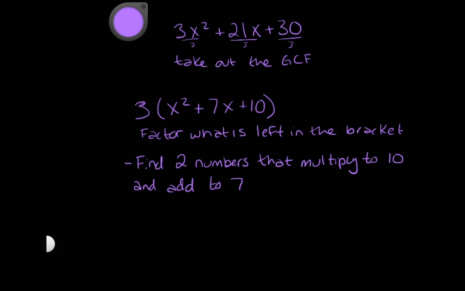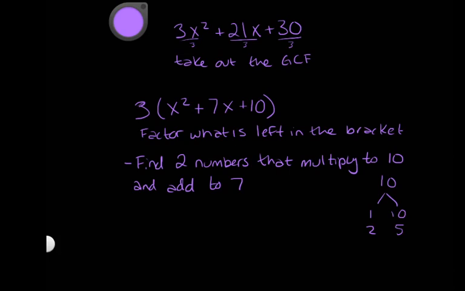So let's see, what numbers multiply to give us 10? So 1 times 10 is 10. 2 times 5 is 10. No other numbers will work, right? So if I multiply 1 times 10, I get 10.